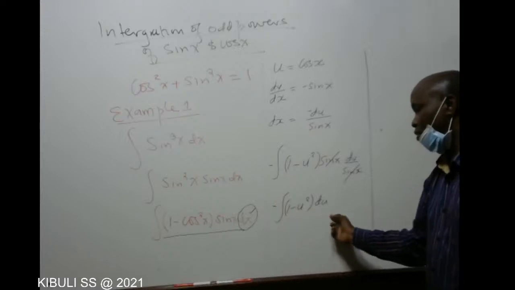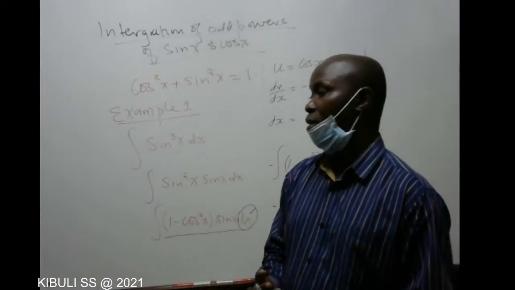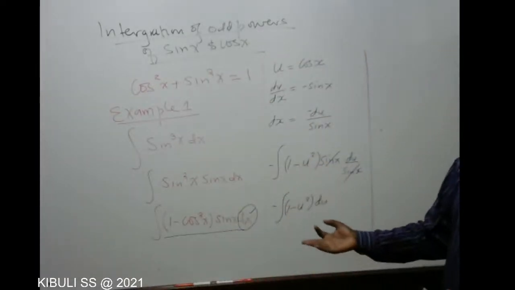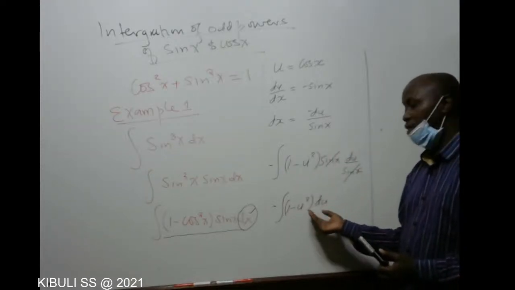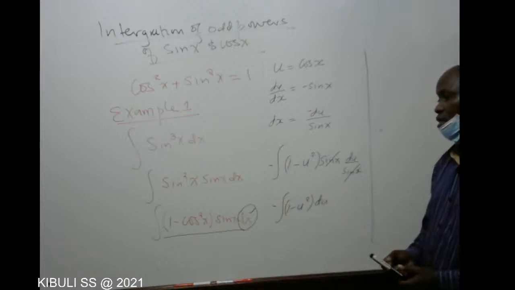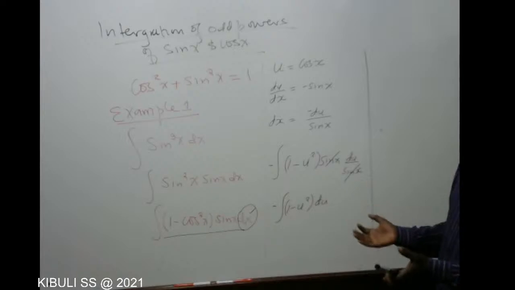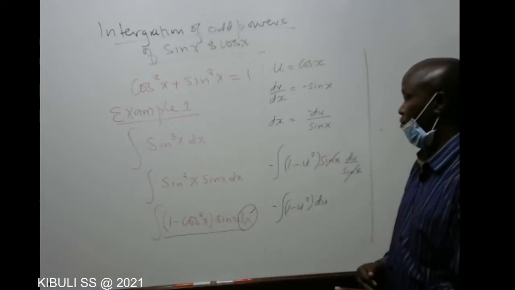So at this level, I can now go ahead and integrate in terms of u. And this calls for the integration of 1 and the integration of u squared. So it becomes easier for us now to handle. And at the end of it all, it's going to give us the right answer.